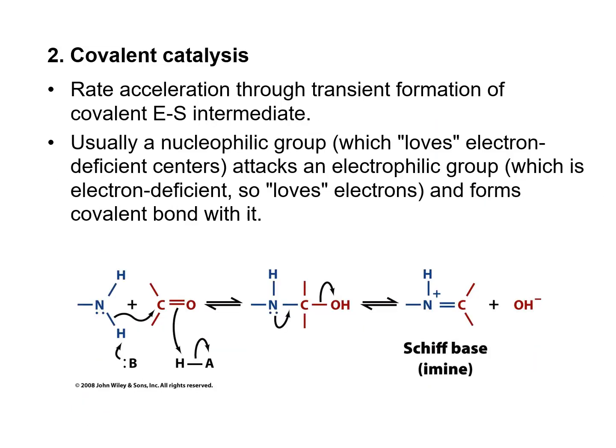And the second type of catalysis is covalent catalysis, which accelerates the rate through the transient formation of covalent enzyme-substrate intermediates.